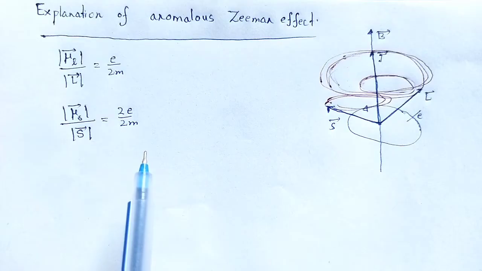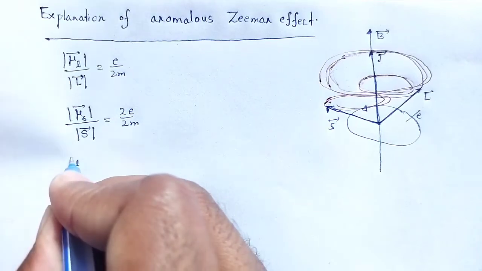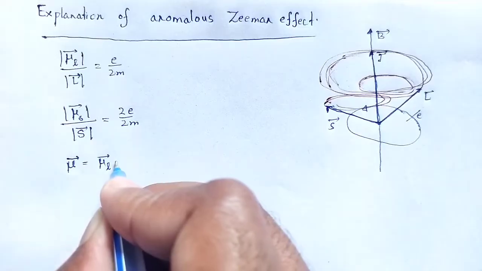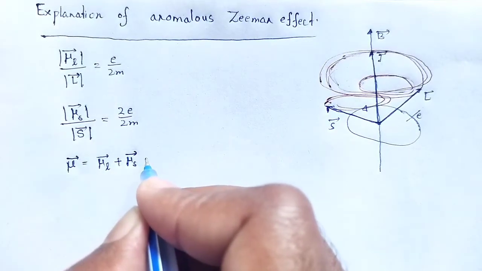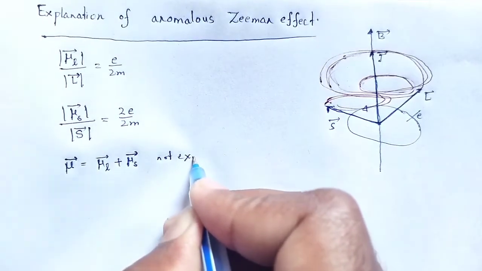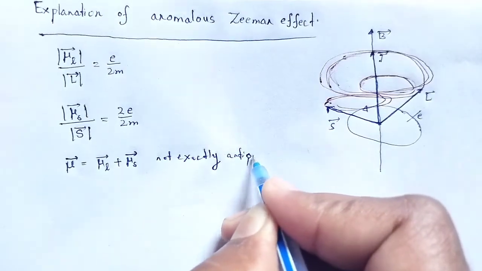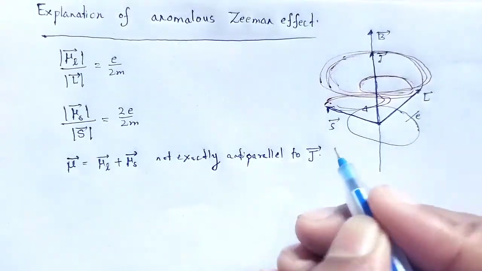Due to this inequality, the total magnetic moment mu, that is mu L plus mu S, is not exactly antiparallel to the total angular momentum J.